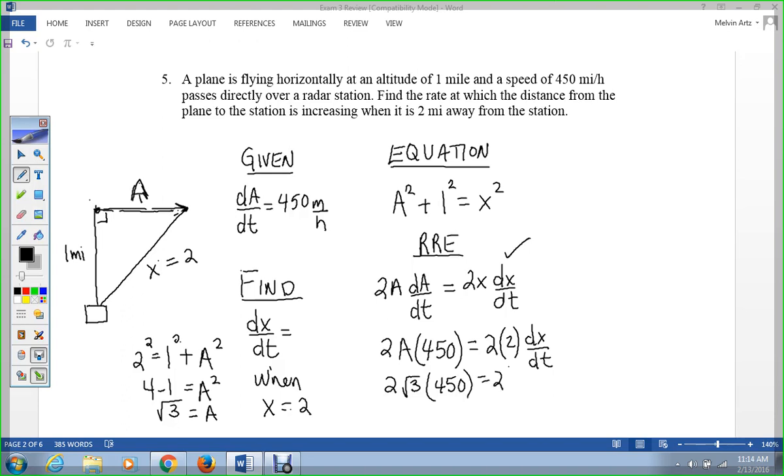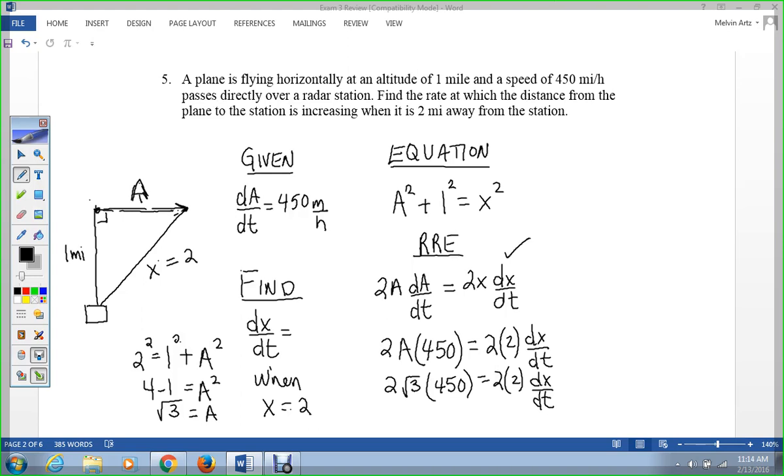And we have all of the information now to solve for dx dt. So if you multiplied everything together, you would have 2 times 450 is 900. Then we'd multiply that by the square root of 3.